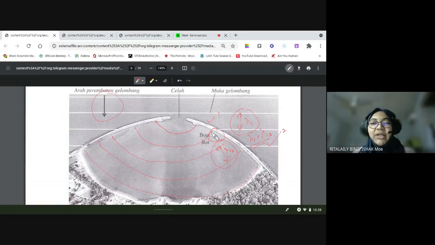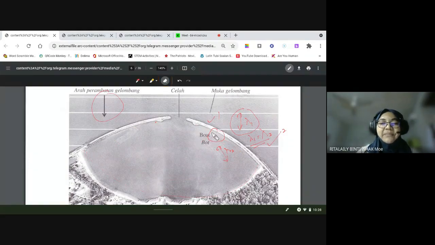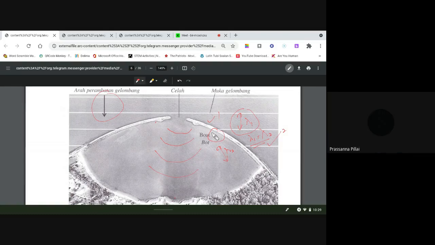But if the size of the gap is bigger, it will be diffracted. Less diffraction. So dia tak sampai dekat boat. Tapi dia sampai dekat seashore. Okay? Faham? Boleh tak? Okay, I understand. Sebab boat dia dekat sini.